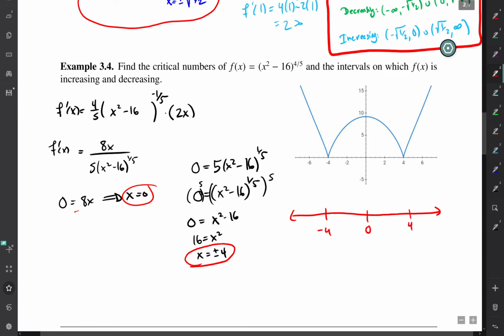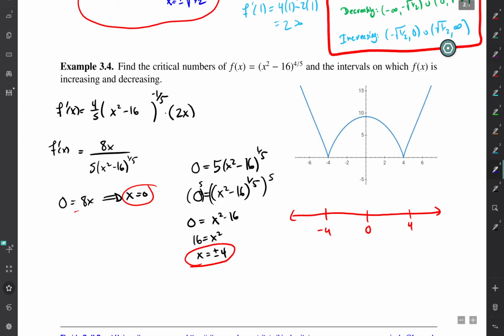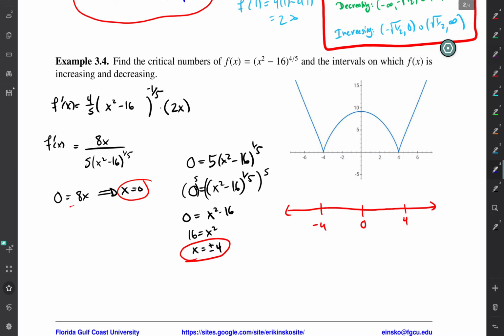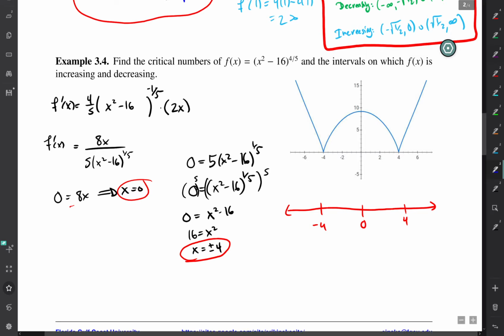Now we need to plug in points to the right or left of every one of those critical numbers to figure out when the function is increasing or decreasing using the derivative. If you take f prime of negative 5, you'll get 8 times negative 5 over 5 times (negative 5 squared minus 16) to the 1/5.